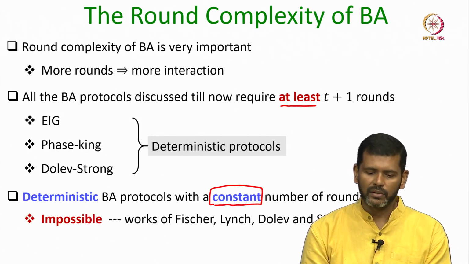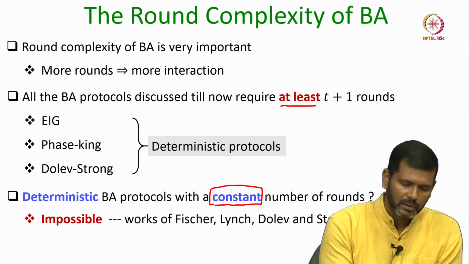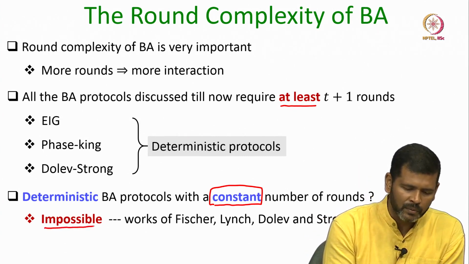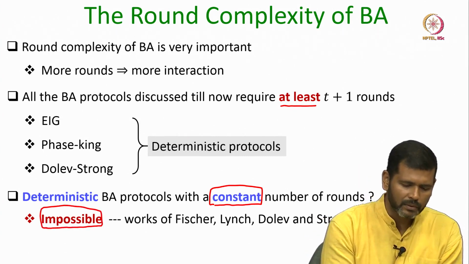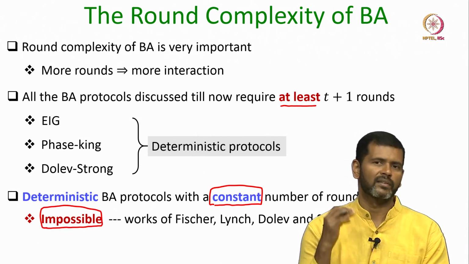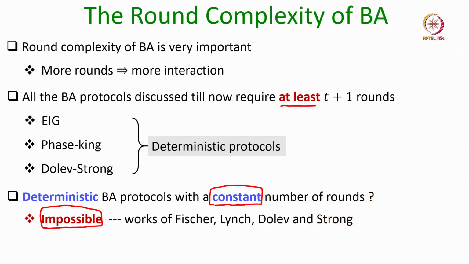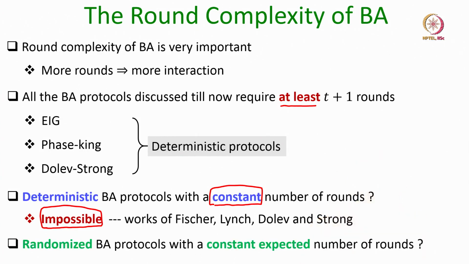There is a very interesting seminal work due to Fischer, Lynch, Dolev and Strong, which says that it is impossible to do that. It is impossible to design a deterministic BA or broadcast protocol which requires a constant number of rounds irrespective of the value of t, the number of corruptions you want to tolerate.